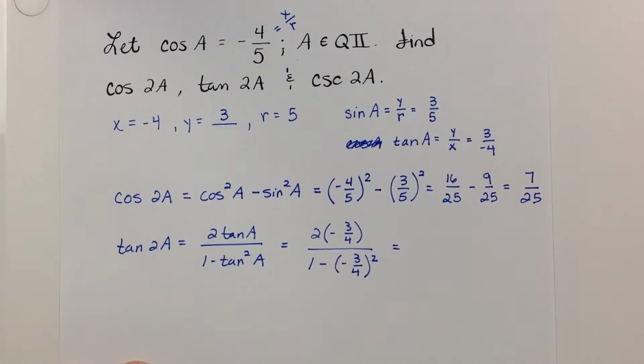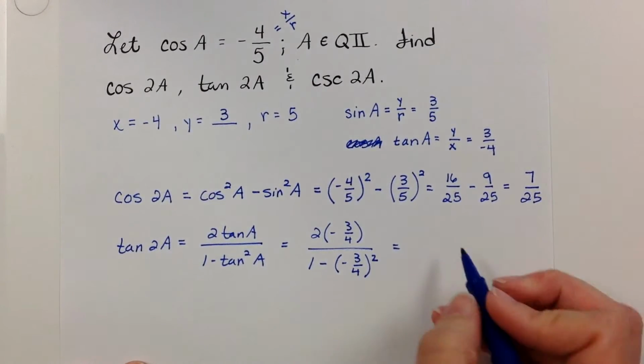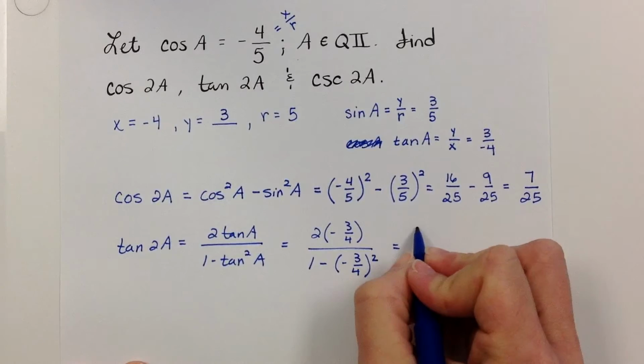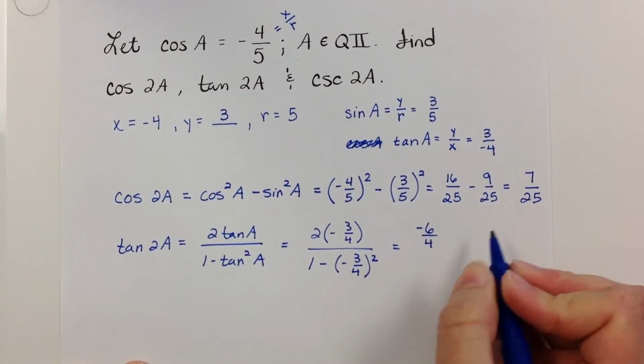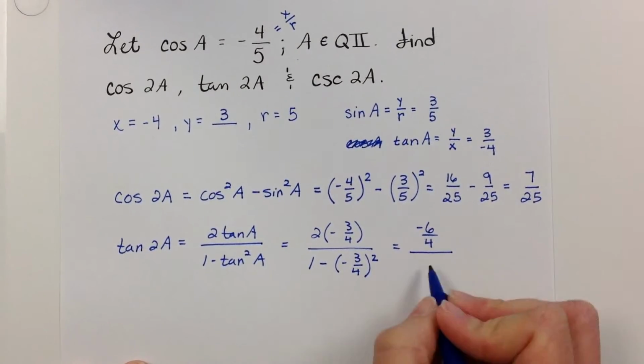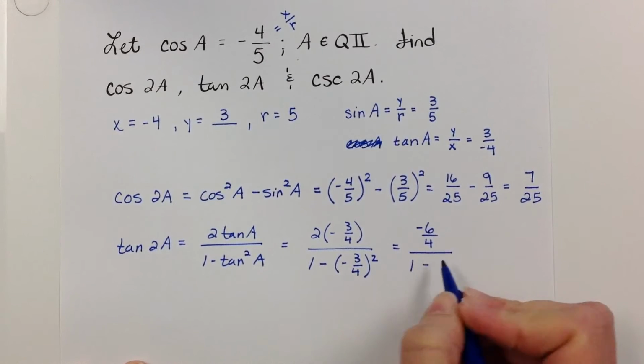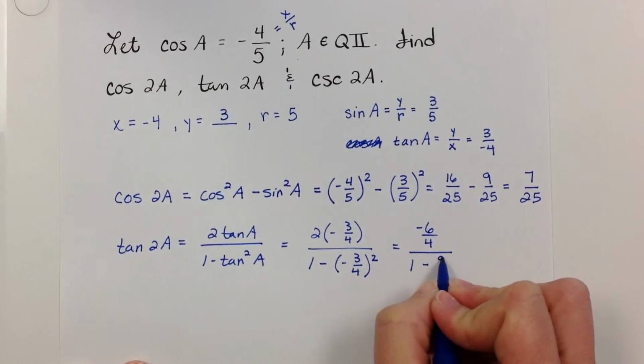Now just basic arithmetic. Multiply, we get -6 over 4. Of course, you could reduce if you wanted. Then you would have 1 minus 9/16.